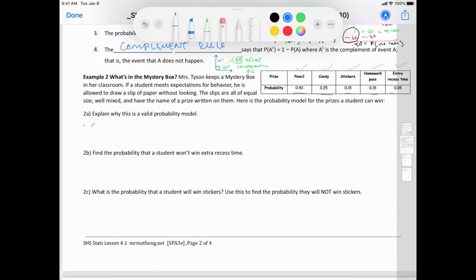The answer is yes. All probability of each outcome is a number between 0 and 1.